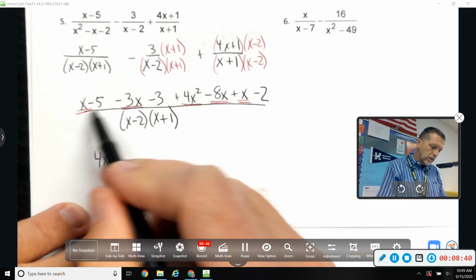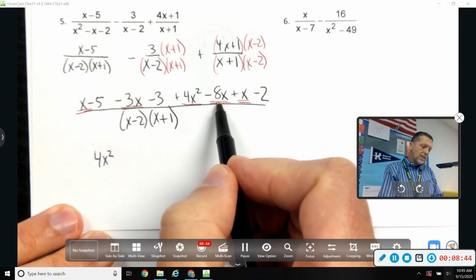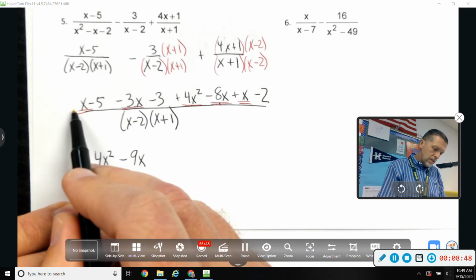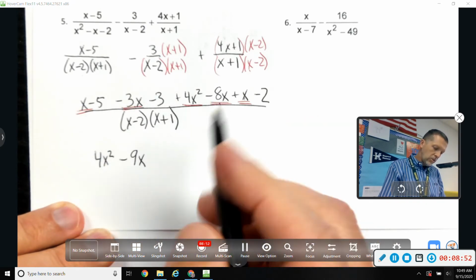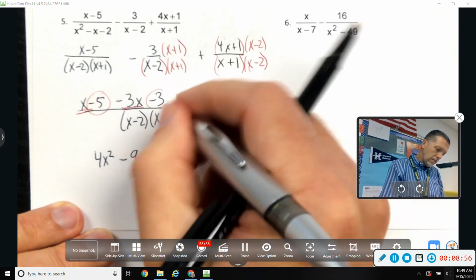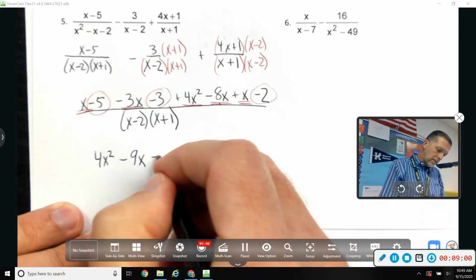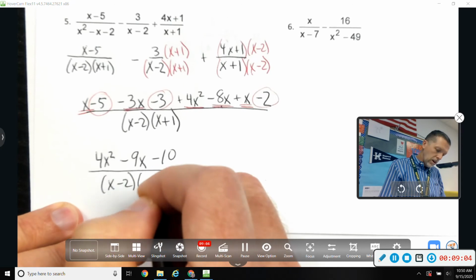Start over. 1 minus 3 is negative 2, minus 8 is negative 10, plus 1 is negative 9, so minus 9x. Yes, double checking that one. And then the numbers that are by themselves, minus 5 minus 3 is minus 8, minus 2 makes minus 10. All over our common denominator.